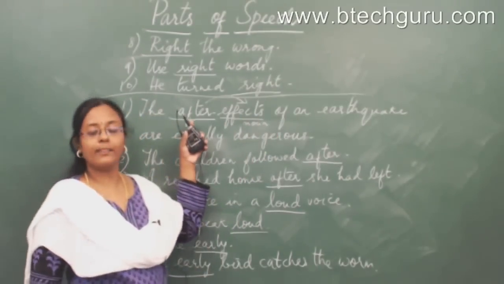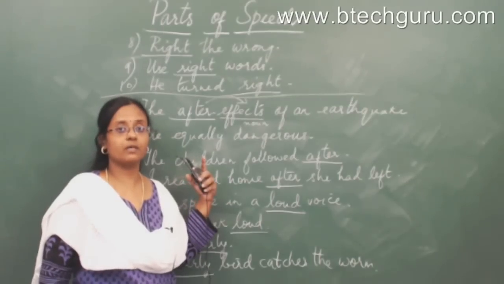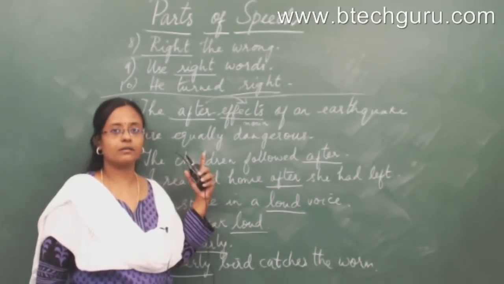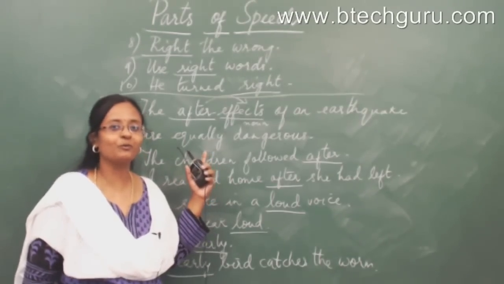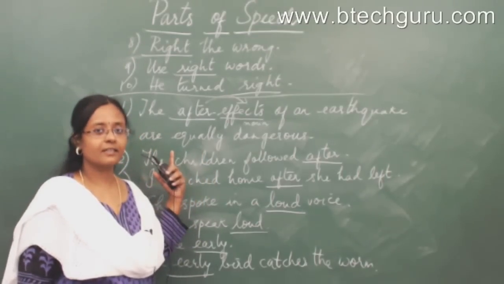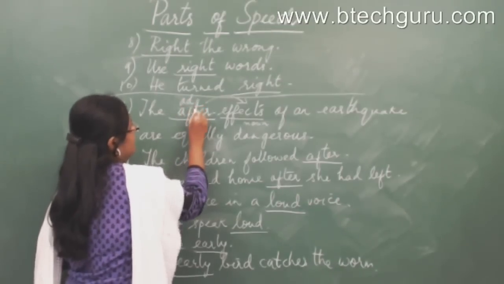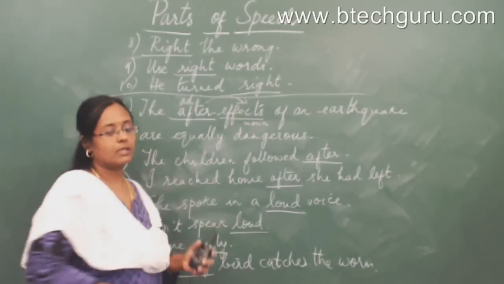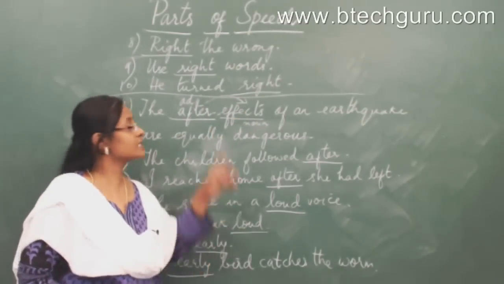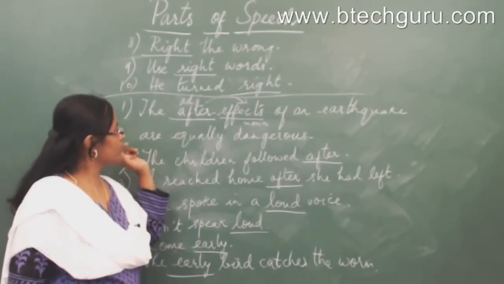So what do we call that word which talks about a noun, which describes a noun? Now I've given you the clue. So what should be the answer? It is an adjective, because it talks about the noun, the after effects. What effects? After effects. Okay.